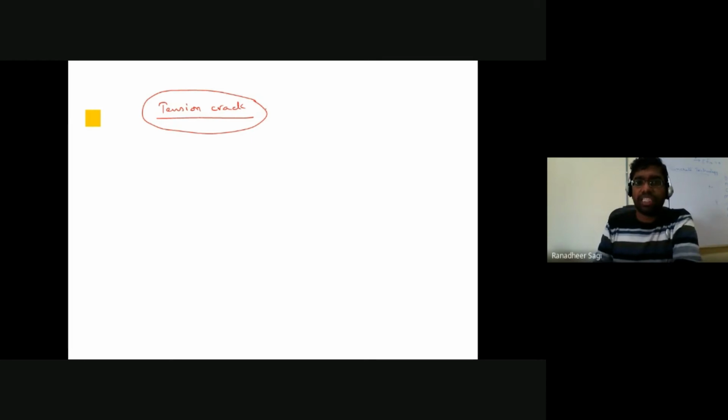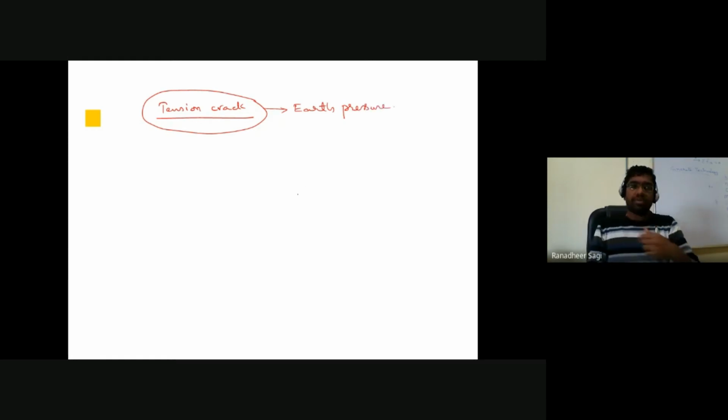Technically, regarding this tension crack concept, to what depth this crack formation gets developed in the ground and so on, we'll understand in more detail in the concept of earth pressure.